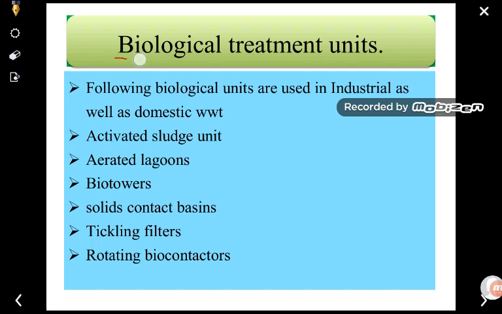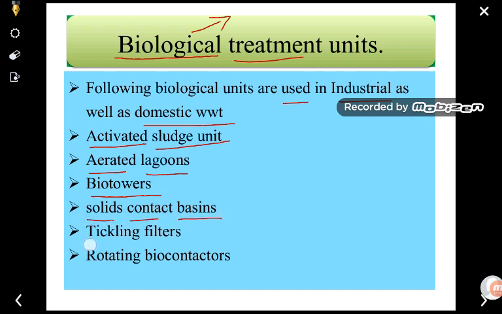The name itself says that biological means certain organisms are utilized for the treatment of the wastewater. The following biological units are used in industrial as well as domestic wastewater treatment. The first one is the activated sludge unit, next the aerated lagoons, next the biotowers, solid contact basins, trickling filters and rotating biocontactors.